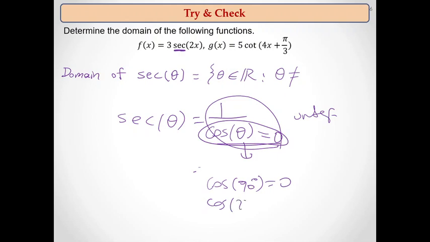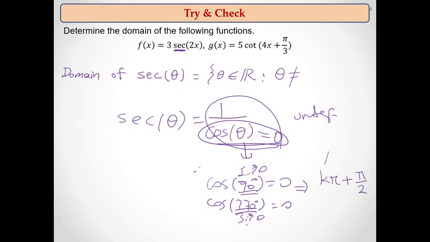Cosine 270 is 0. When you look at them, these are the odd multiples, like 1 times 90 and 3 times 90. So how can I write them? I can say k pi plus pi over 2.